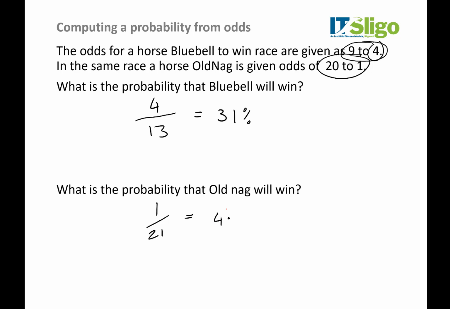We'll say about 5% again. I should really keep the decimals, etc. But that just allows you to give an idea, when you see odds, of how to work out the probability that a particular horse or a politician or whatever will win.